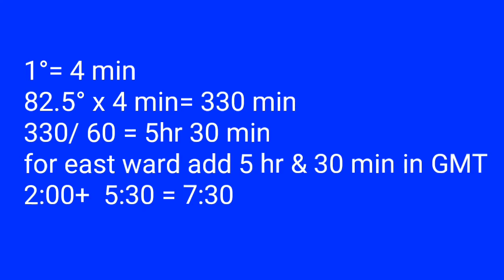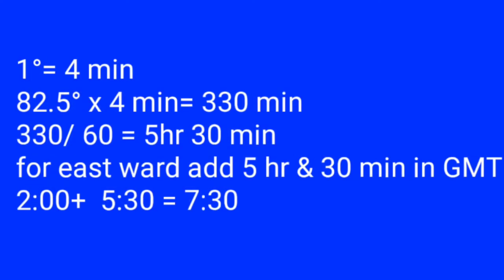India is situated eastward, which means we will add to the time. If it is 2 in the afternoon in London, then we add 5:30. 2 plus 5:30 is equal to 7:30.